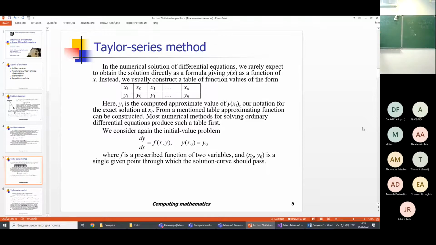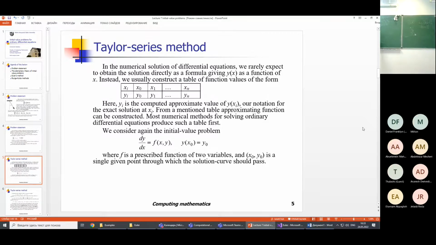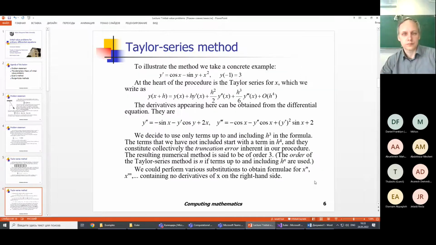And y_i is an approximation to the value of y of x_i, the exact value of the exact solution at the point x_i. In the second half of our lesson, we will consider how we can compute these values of y using the so-called Taylor's series approach.